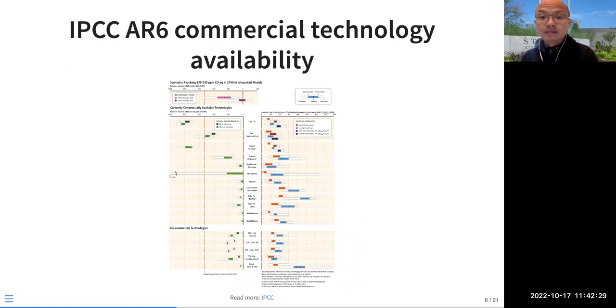Technology-wise, you can say the technologies are commercially available, except some technologies such as CCS. Even for CCS, it's about costs. As you can see here, this chart is a little bit hard to digest, but on the left side, it shows the emission intensity of electricity.